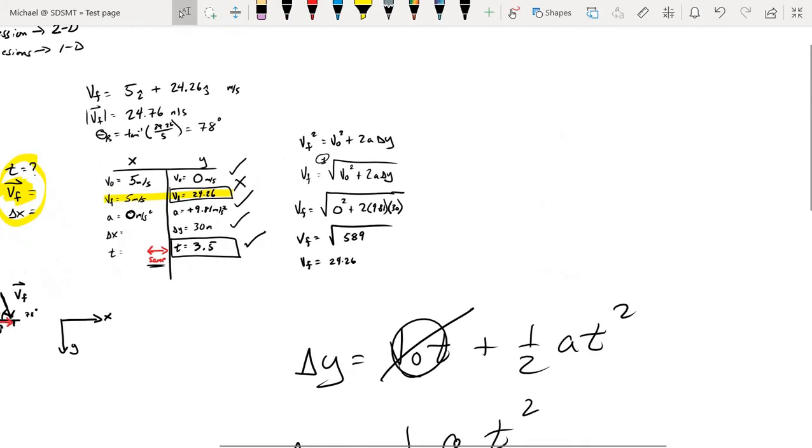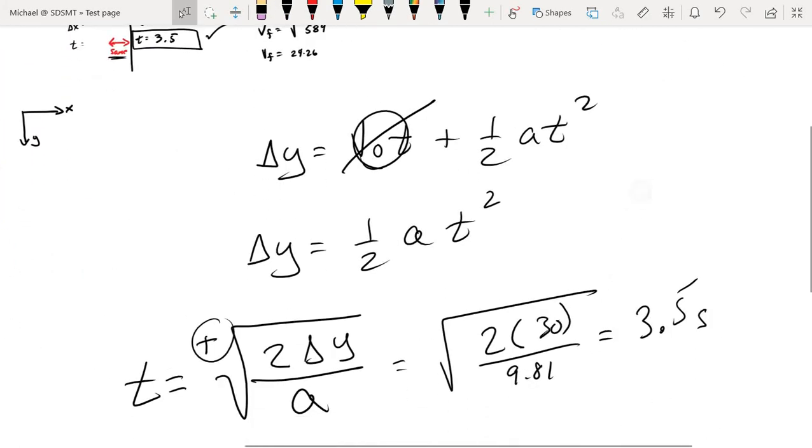I'm going to go back and just double check my work here real quick. That didn't sound right. Nope, that is not 3.5.